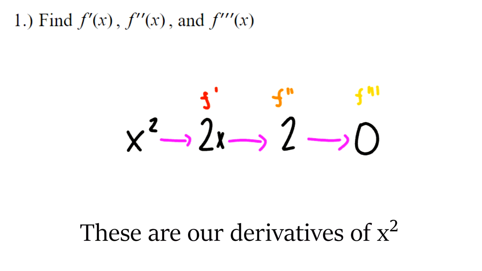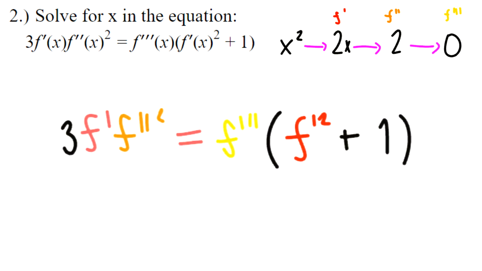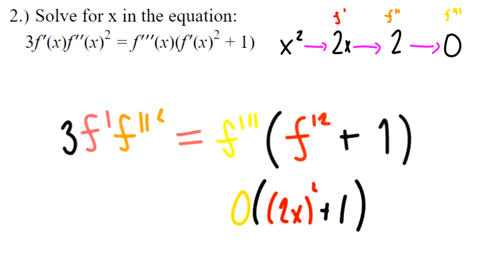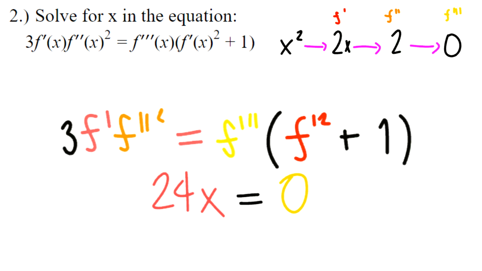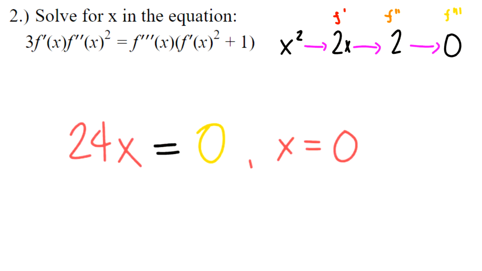These are our derivatives which we then plug into step 2. When we do, the right side amounts to 0 because the third derivative is 0, and swiftly, the left side becomes 3 times 2x times 2 squared, which is 24x. Since 24x equals 0, our x is basically 0.